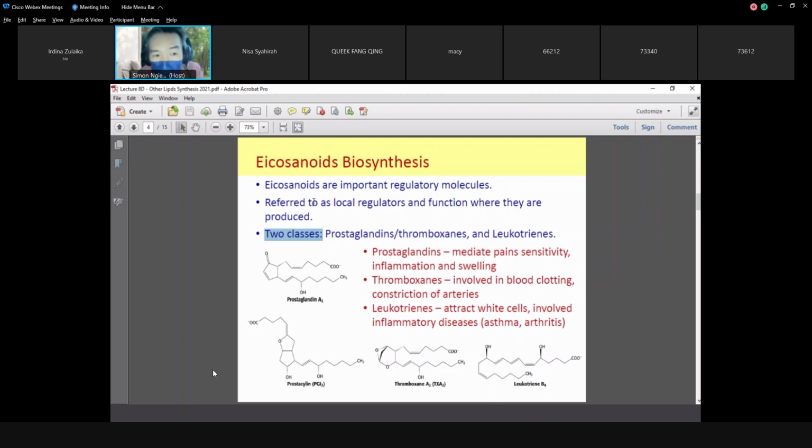So these regulatory molecules, which are normally involved in the blood clotting process and pain sensation, for example, are immediately produced at the bleeding location. So these are very much local regulators and function where they are produced. If the bleeding occurs at the knee, normally these will be produced near the knee, which is why we feel pain at the knee.